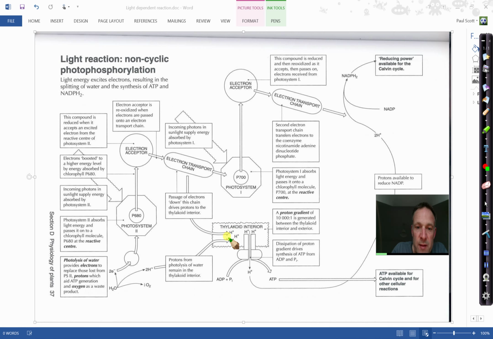What's the significance of that? Why would we want this high concentration of hydrogen ions inside this thylakoid membrane? Well, we want that because we've got this fantastic little ATP generator here.